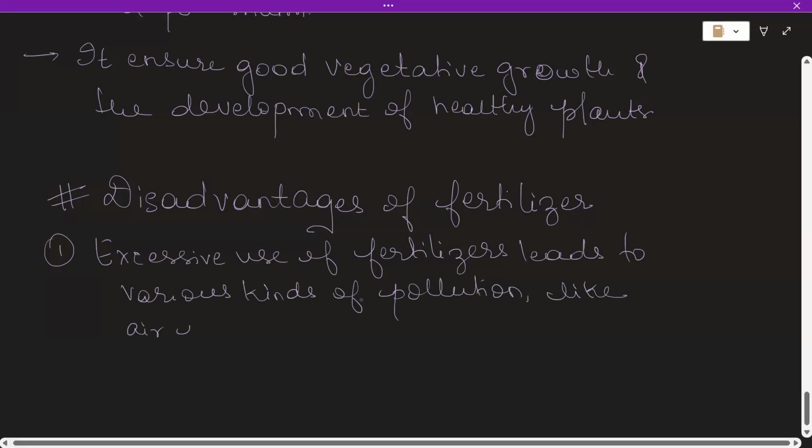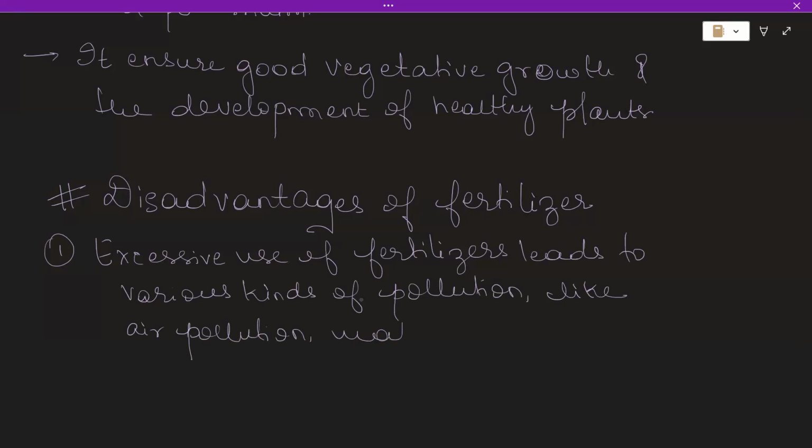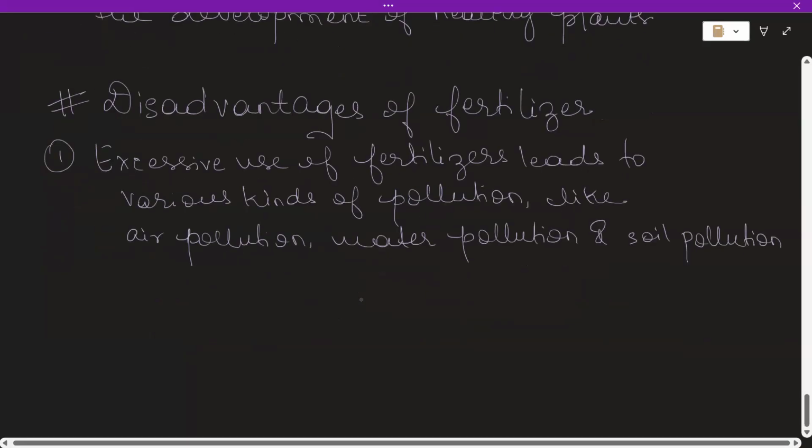Air pollution, water pollution, and soil pollution. These are the various kinds of pollution that fertilizers could cause. That is a very big disadvantage.